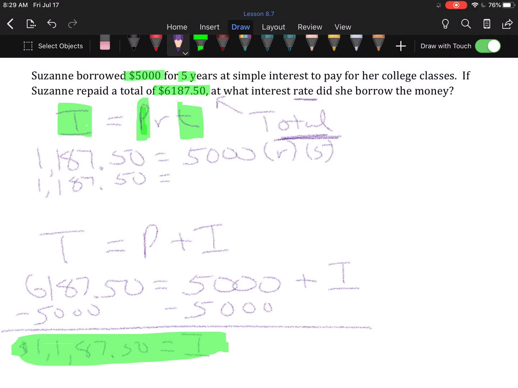Anytime we're searching for rate or time or possibly even principal, we need to take the two numbers we have on the right side, the 5,000 and the 5 in this case, and multiply them together. So that's 25,000 R.